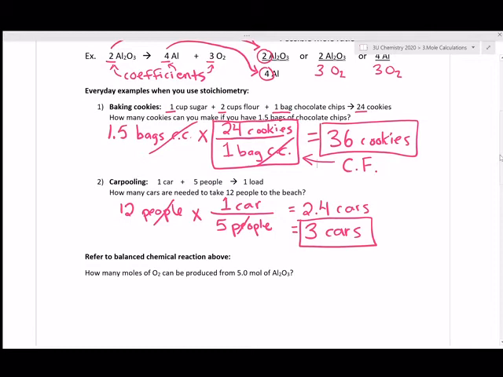This question is pretty straightforward, so that's not going to be the case so much, but our next lesson is going to be much more involved. This is just your starter lesson. So 2 aluminum oxide produces 4 aluminum plus 3 oxygen. So I have spread that out just so we're not so squished together.